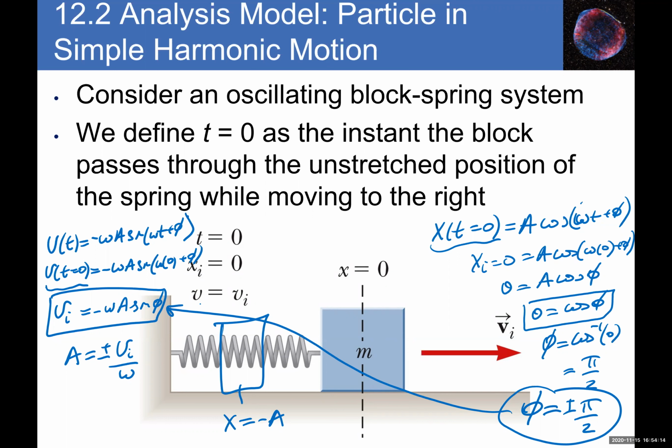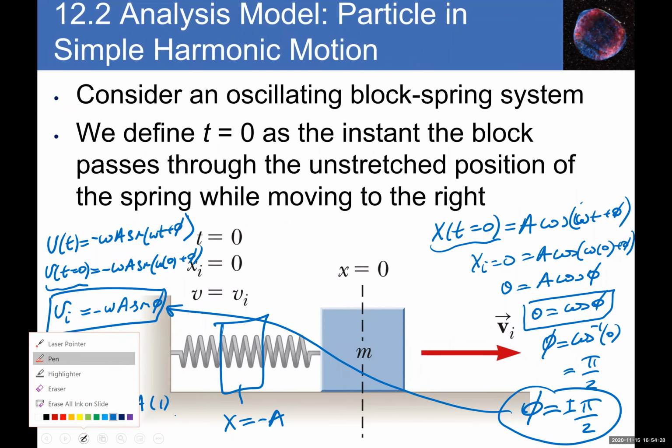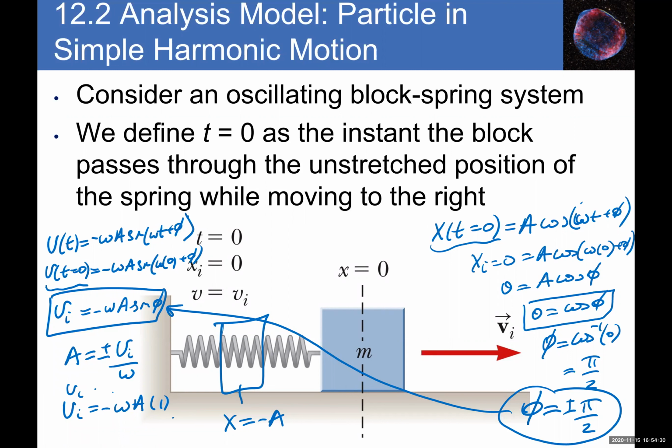Because sine of pi over 2 gives you 1, then vi equals negative omega a times 1, or vi equals negative omega a times negative 1 if phi is negative pi over 2. That's why you get plus or minus. Sorry, my bad.